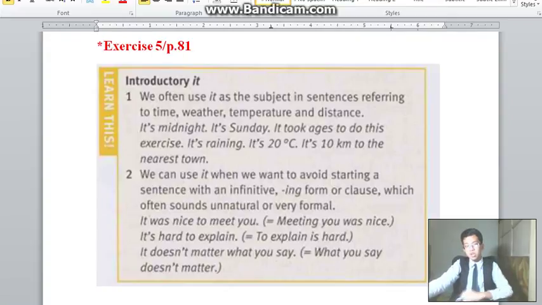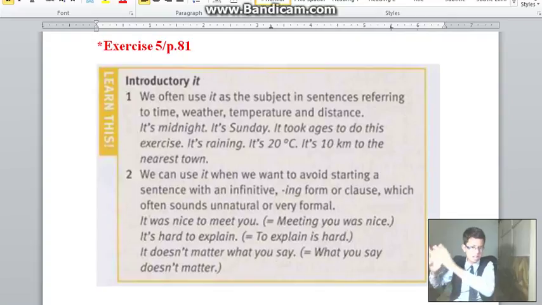Second one, we can use it when we want to avoid starting a sentence with an infinitive, ing form or clause, which often sounds unnatural or very formal, alright? Example like, it was nice to meet you. Alright, so we have introductory it.